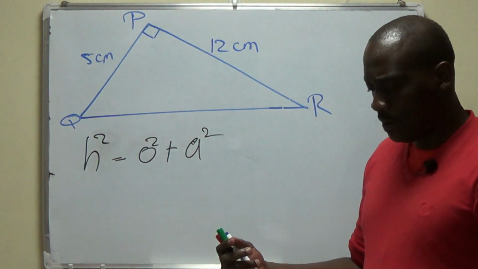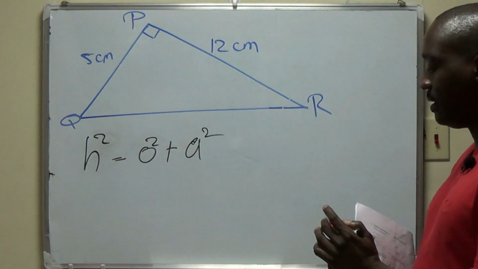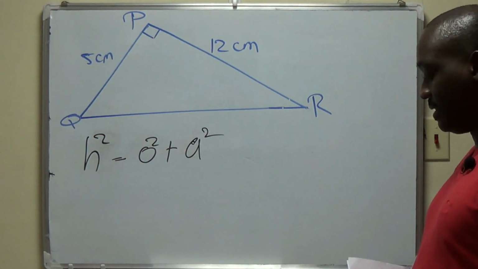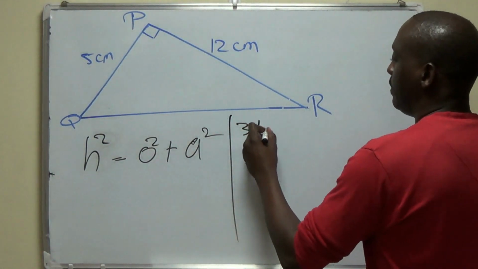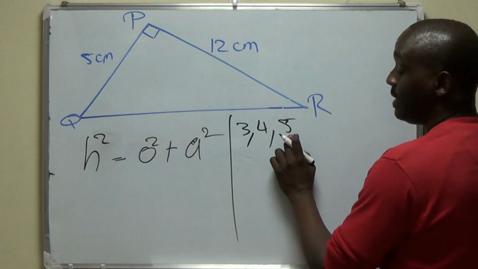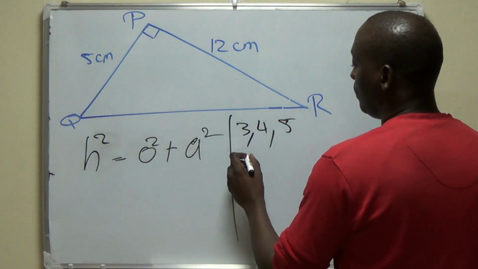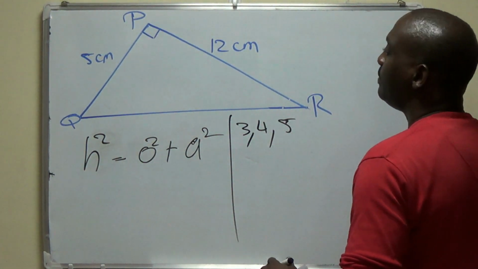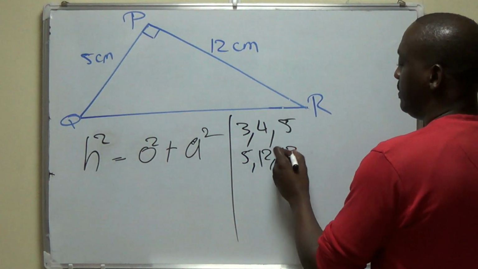So let us discuss some of these Pythagorean triples. The common ones that we need to know for CSEC purposes are 3, 4, and 5, which is to say that 5 squared is equal to 3 squared plus 4 squared. We also need to know this one right here, 5, 12, 13.